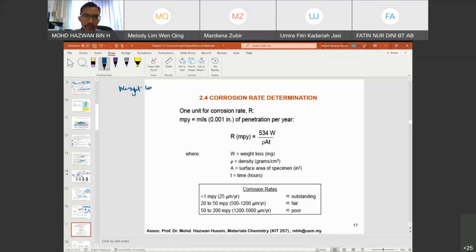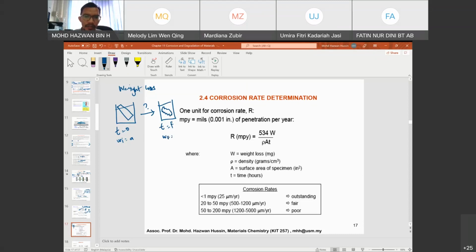Weight loss, where you have a plate that you immerse in the solution at time 0 and the initial weight A. You know what the initial weight is. And after a certain time, the metal will of course be corroded.